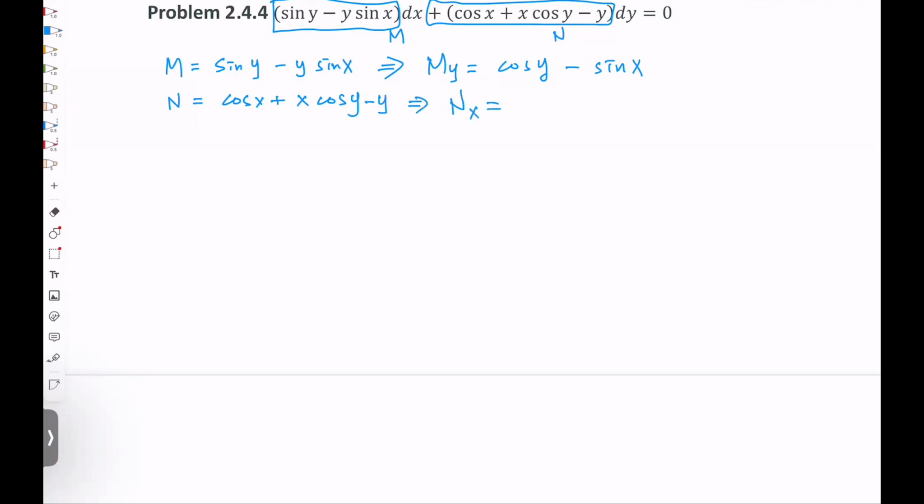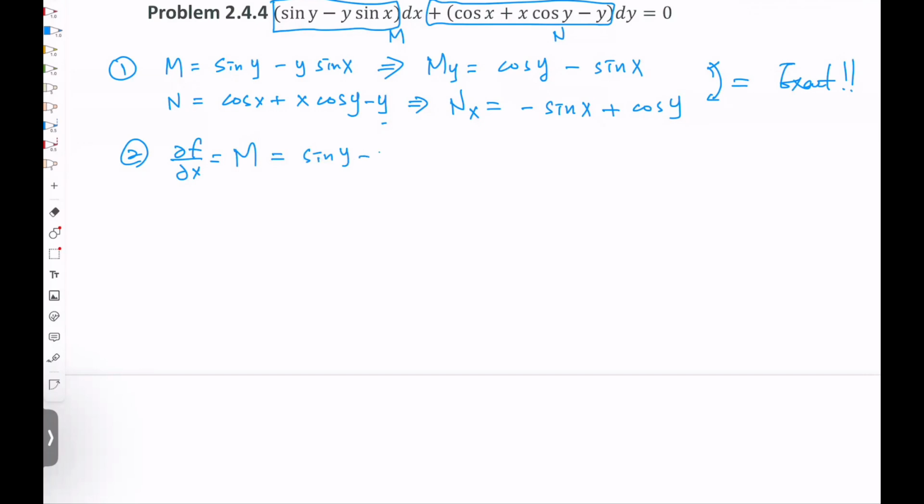In terms of x, cosine to sine, negative sine x plus cosine y, and this term is going to be 0. So they are the same. It is exact.